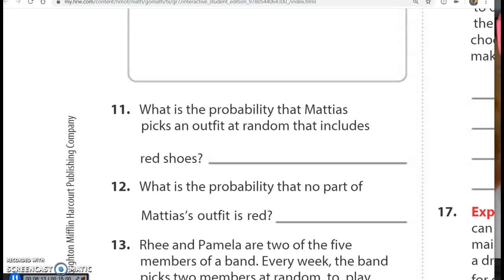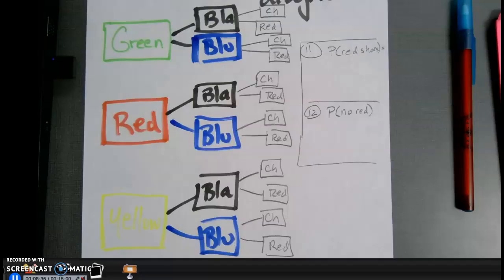And then the probability that no part of Matthias's outfit is red. So the probability that there is no red, and I'm assuming that would be no red shirt and no red socks either. Okay, so let's go back to our drawing.